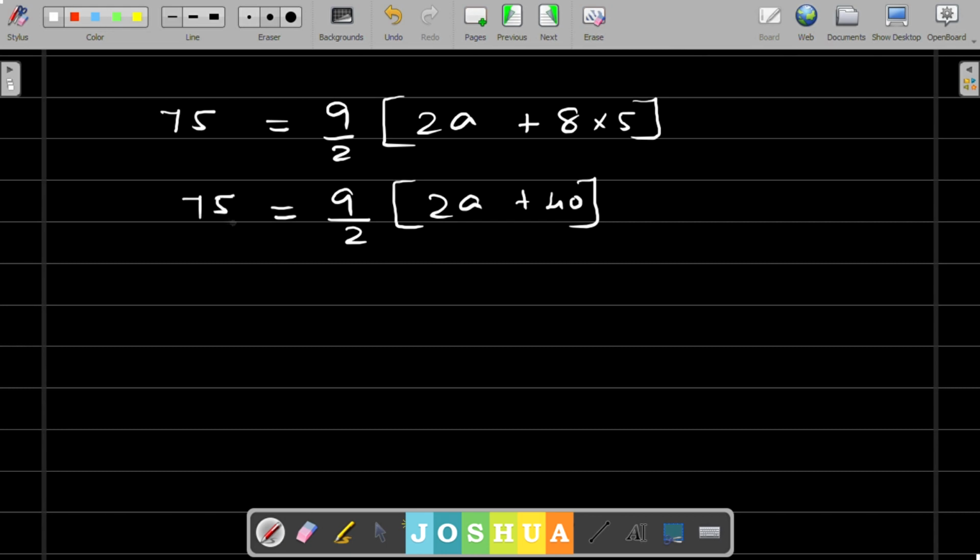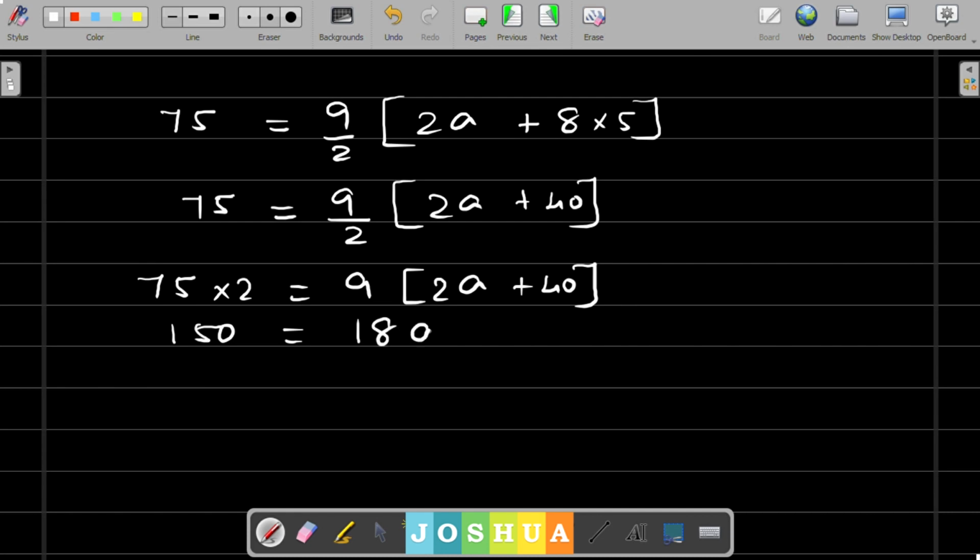So go for cross multiplying here. 75 into 2, that is equal to 9 into 2a plus 40. So when I expand this one, it is 150, that is equal to 9 into 2 is 18a, and 9 into 40 is 360.